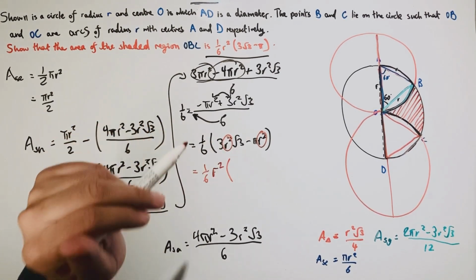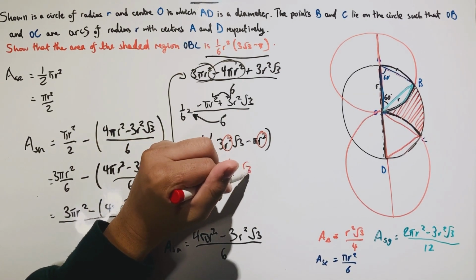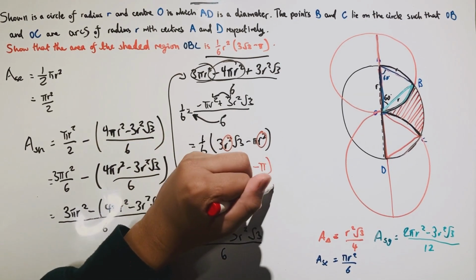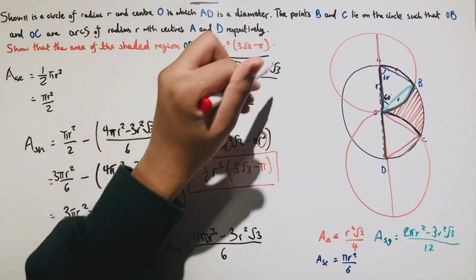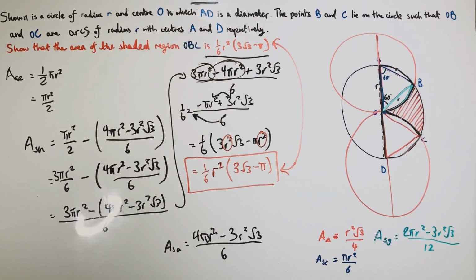We take an r squared out as a factor, and we're left with 3 root 3 minus pi, and would you look at that, that is the same way that they've written the expression in the question, which means that we have shown it with a lot of steps and a lot of deliberation. It's a really nice problem if you know how to do it.